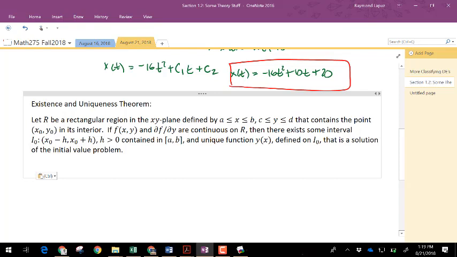So a rectangular region in the xy plane defined between a and b for x, and then for y's between c and d. Let's say it contains a point that we're looking for, x naught, y naught, in its interior.